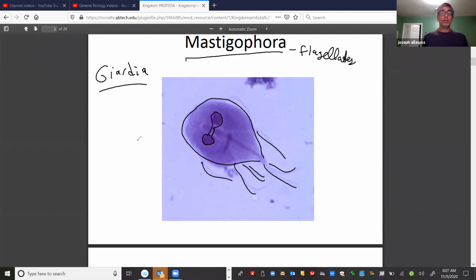Well, if you flip this little booger over on its ventral side, it has a sucking mouth part. And so what Giardia does, if you ingest the eggs or cysts of this organism, the cysts are very resistant and they pass through the stomach, but when they get into your lower intestines, they hatch out and then they begin to parasitize your intestines.